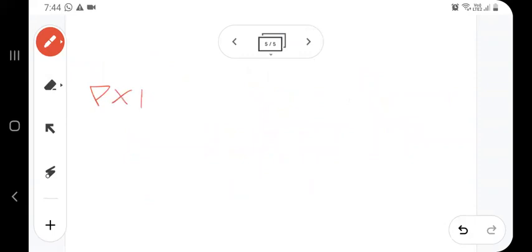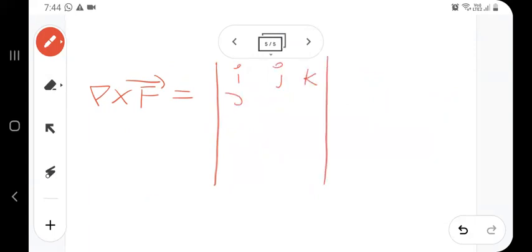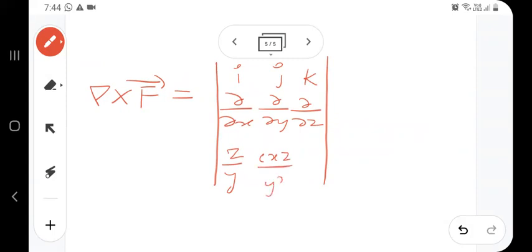How to write it? Del bar cross F bar is equal to the determinant of i, j, k; dou by dou x, dou by dou y, dou by dou z; F bar components: z by y, x component, y component, c x z by y square, it is x by y.